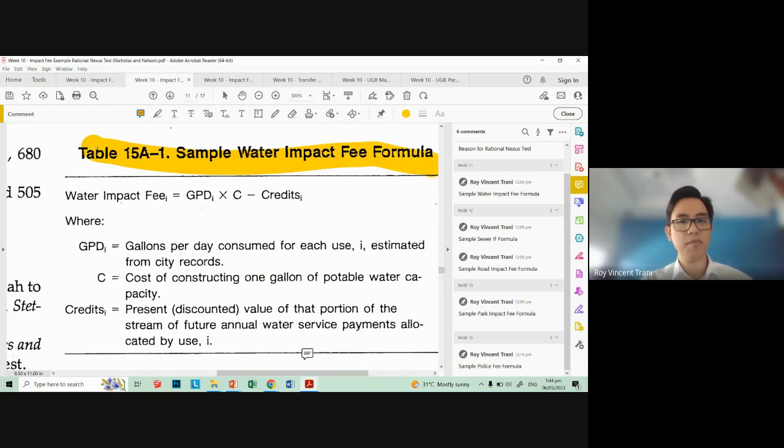So this one is a bit technical, but I just wanted to show you that there are references available for calculations.